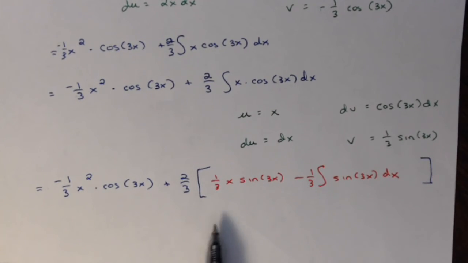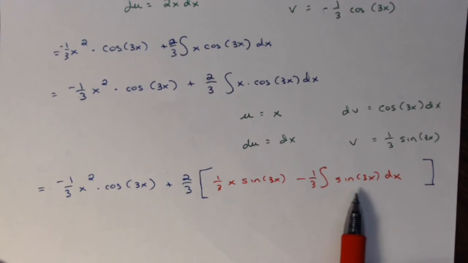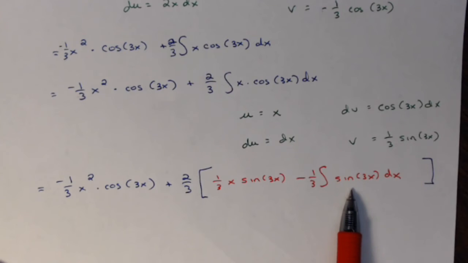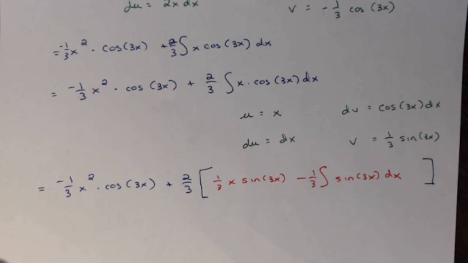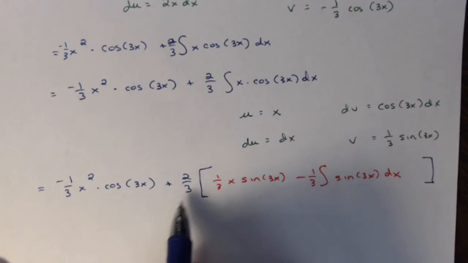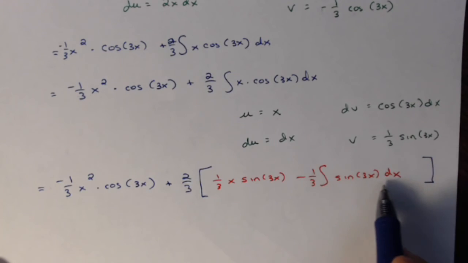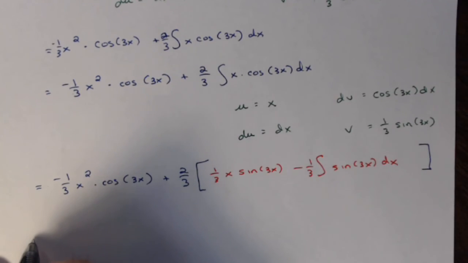All right, so we're almost there. Notice, and I don't think I'm going to skip this step just for neatness sake here, I'm going to just distribute this 2/3 among both of these here.